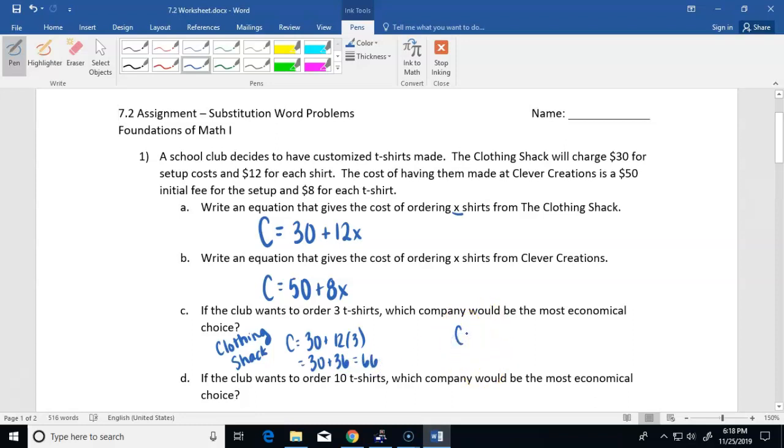For the cost for Clever Creations, our cost would be $50 plus $8 times the 3 t-shirts. So that's going to give us 50 plus 24, which is 74 here. So we can see Clothing Shack is the cheapest in this case.